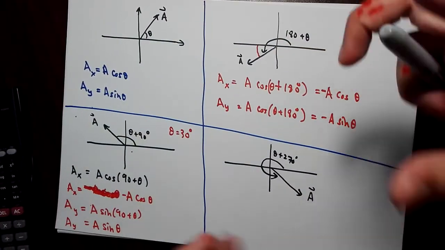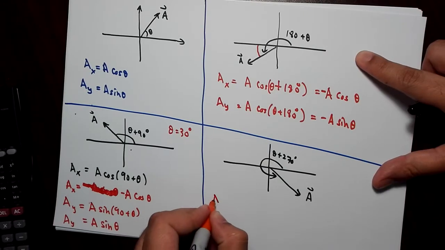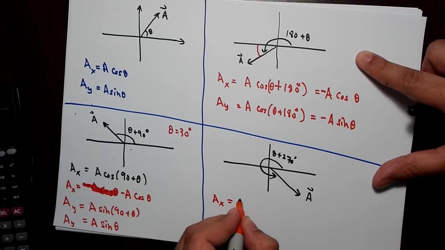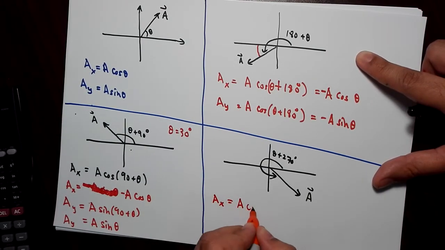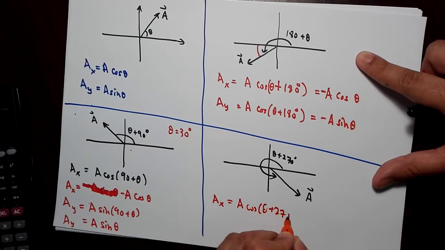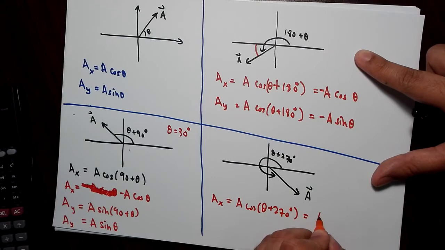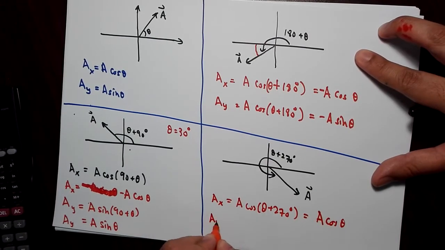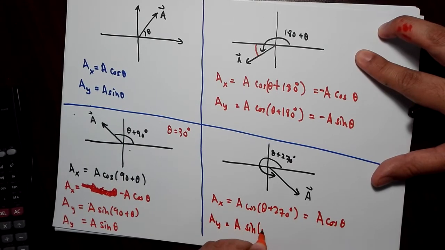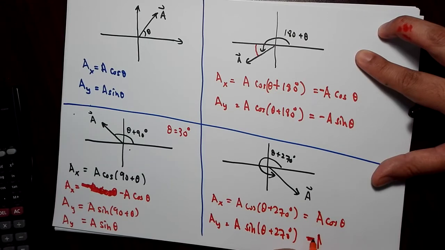We have, again, AX is equal to A cosine of theta plus 270. That's just going to give you A cosine theta, and AY is A sine of theta plus 270. That's going to give you negative A sine theta.